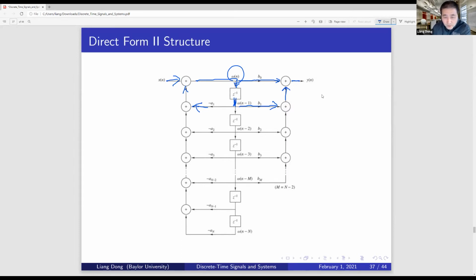We said we can combine the middle delay units, so there's only one delay unit for each level. The lengths of the left and the right are not the same. On the left, I have N plus 1 levels. On the right, the feed forward, I have M plus 1 levels. So it may not be the same. But this is a block diagram that will implement exactly the same difference equation.